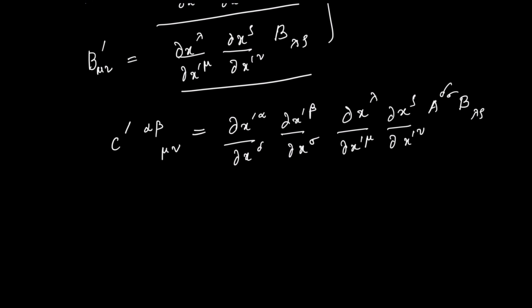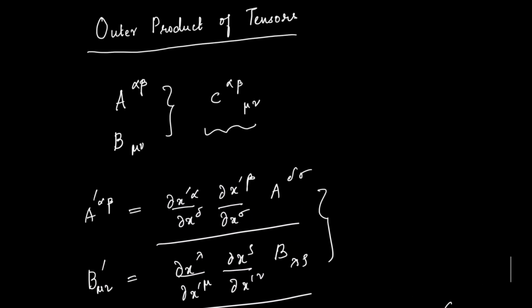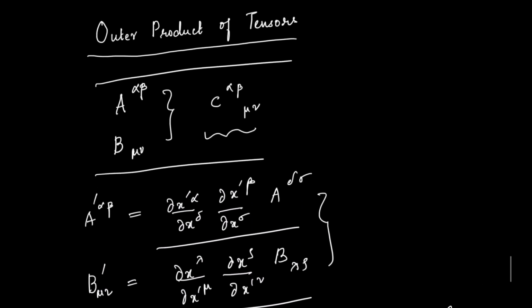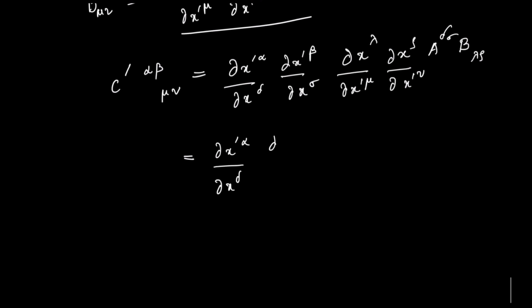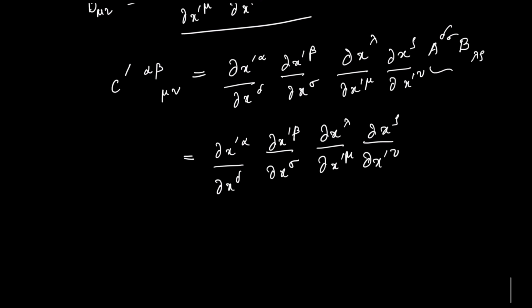Then we know that the outer product of A and B is C. Therefore, I can write x prime alpha with respect to x delta, x prime beta with respect to x sigma, x lambda with respect to x prime mu, x rho with respect to x prime nu, A multiplied B will be C delta sigma lambda rho.